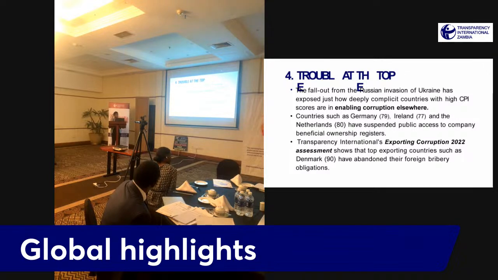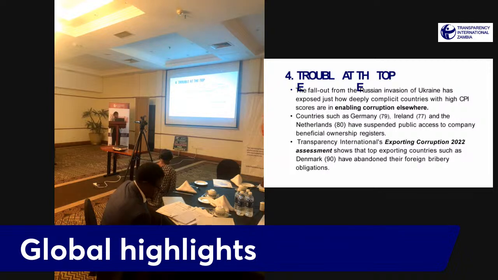So you will also note that last year, in 2022, the EU Court of Justice made a controversial ruling with regards to beneficial ownership, and we've seen countries such as Germany, which had a score of 79 this year, Ireland with 77, and the Netherlands with 80 have currently suspended public access to company beneficial ownership registers. So that is a sort of regression when it comes to access to information.